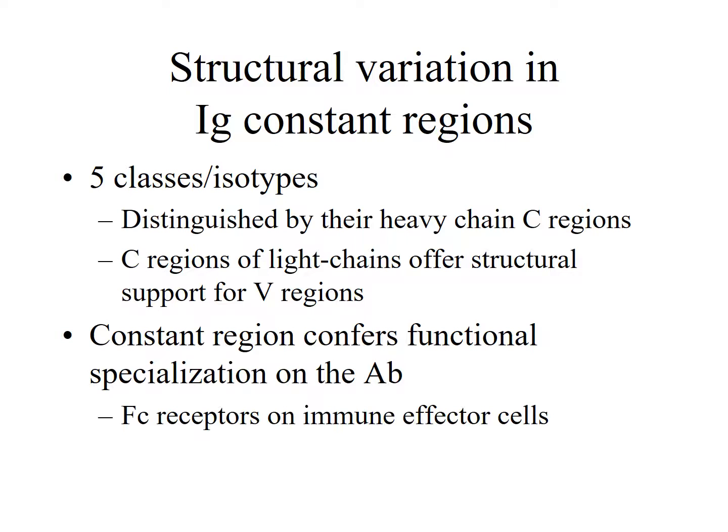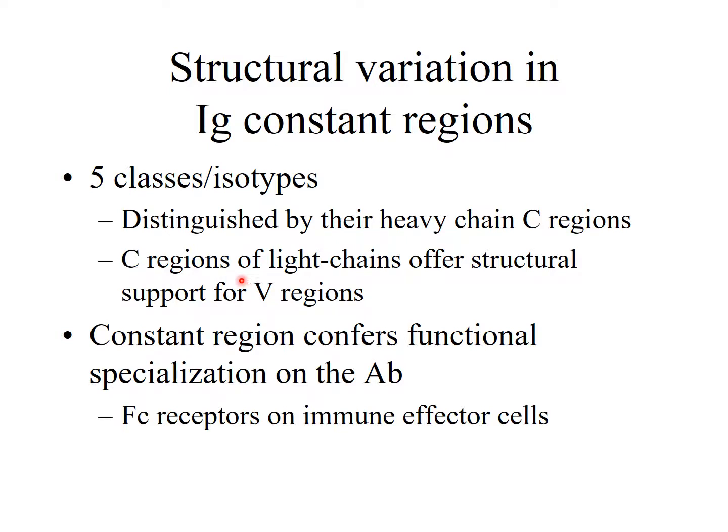The way we distinguish between these 5 classes, the isotypes, is by their heavy chain regions. The variable domains, light variable and heavy variable, are relatively the same through all isotypes. It's the constant regions that are going to be different.